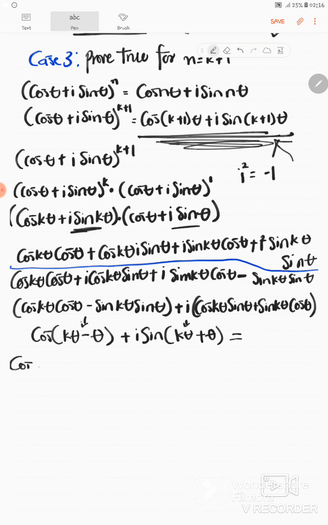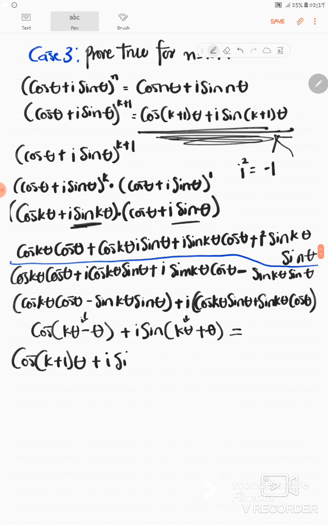We're going to have cos k plus 1 theta, because theta entered to give us cos k theta plus theta, plus i sine k plus 1 theta, equals what we have here.